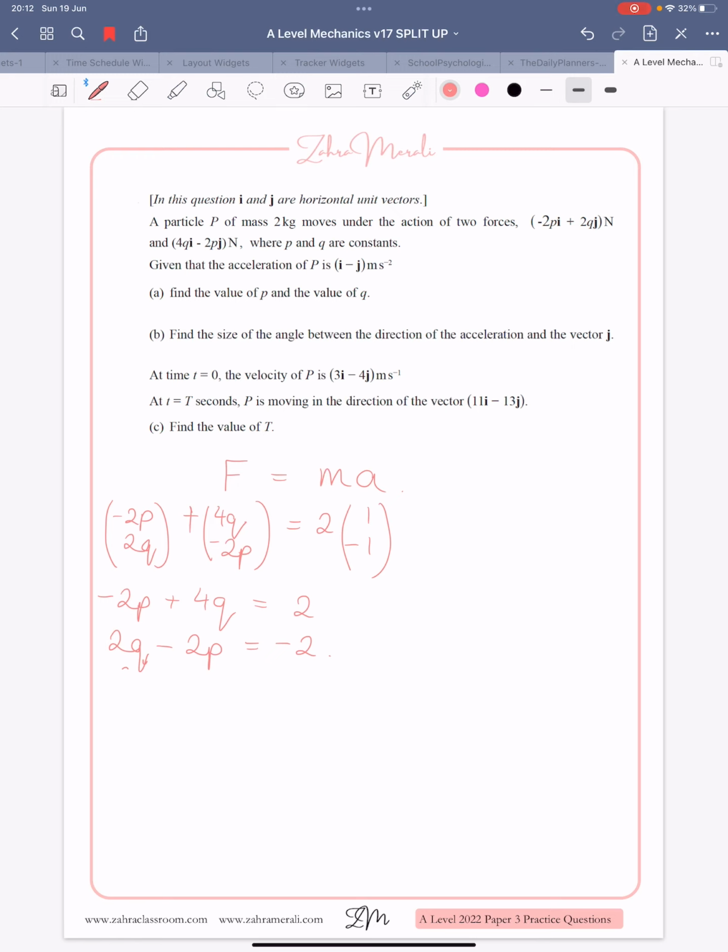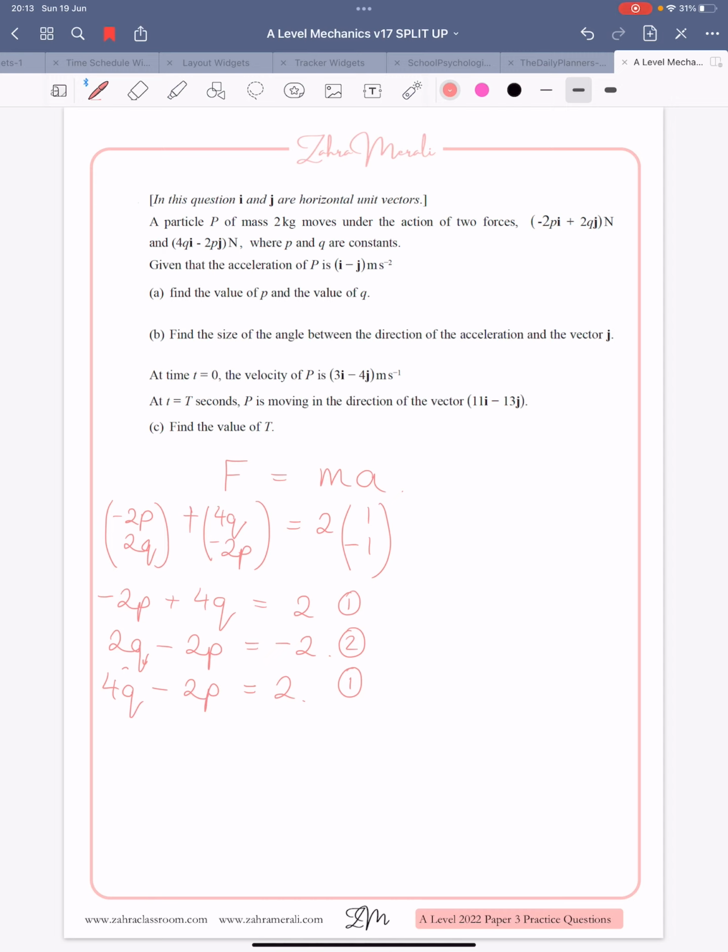I am going to rearrange the top one. So if I call that 1 and 2, I'm going to rewrite 1 as 4q minus 2p equals 2. And I could either take them away from each other or solve them simultaneously, essentially. So if I get my calculator, it's much easier to do in there.